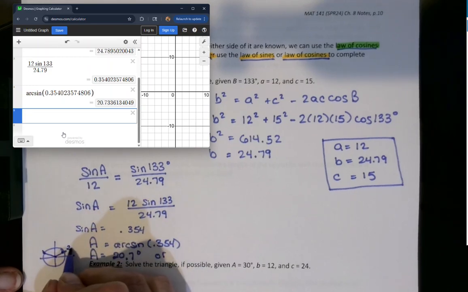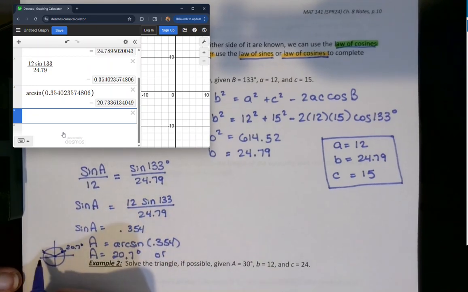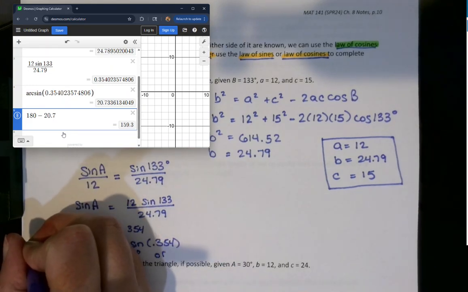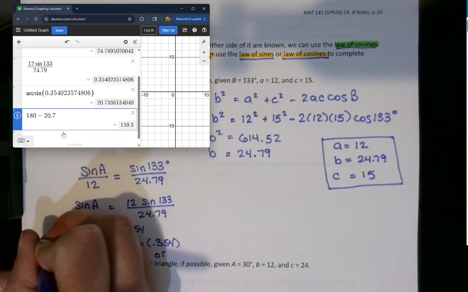So if this angle is 20.7 degrees, this angle over here is shy of 180 by a measure of 20.7 degrees. So this would be 159.3.